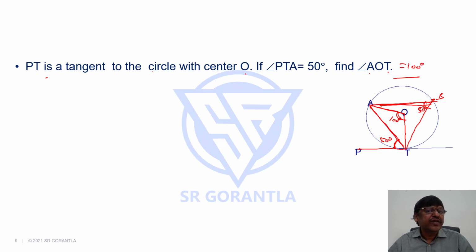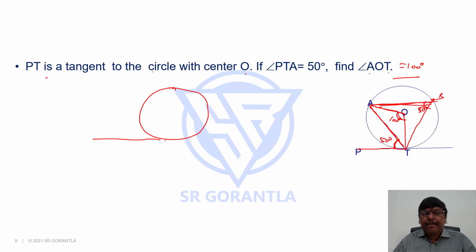This is one way of solving the question. The other way of solving the question is, if I draw the diagram once again, this is A or T and this is O. Now this is P, 50 degrees. We are asked to find AOT.